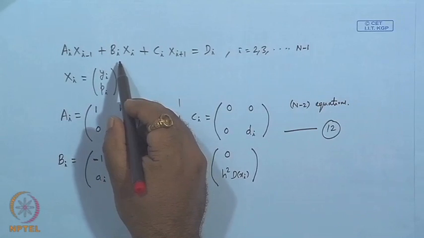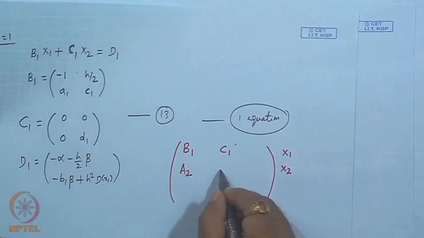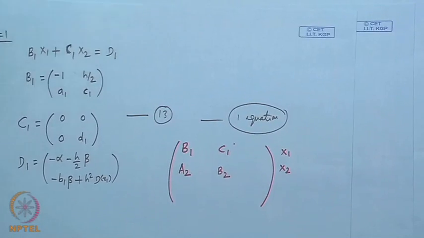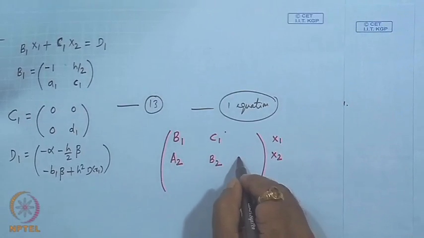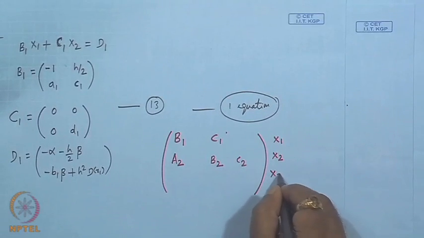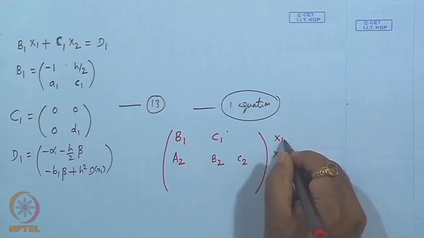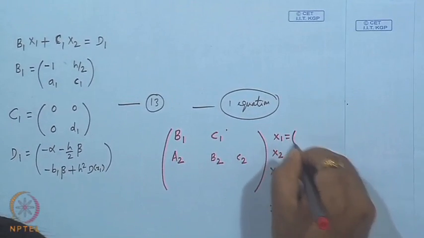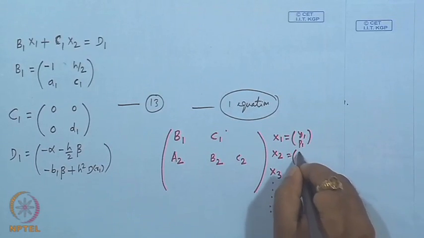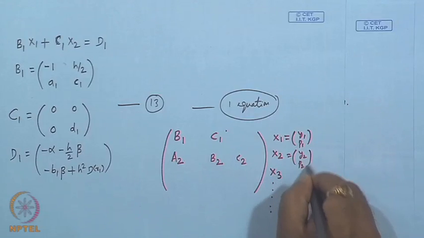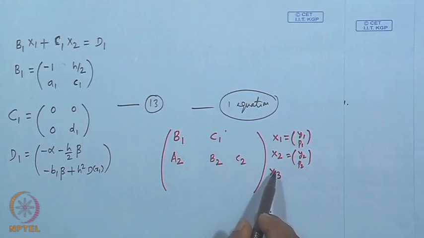then B 2 must multiply x 2, B 2 there, then C 2, okay. So, this continues, each of them is a column vector. So, for example, what is x 1? And what are they? These are matrices in turn. Okay.